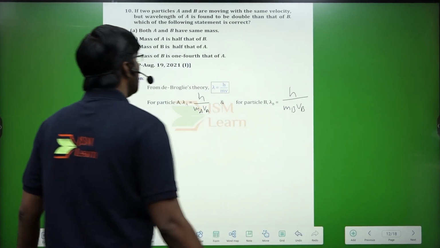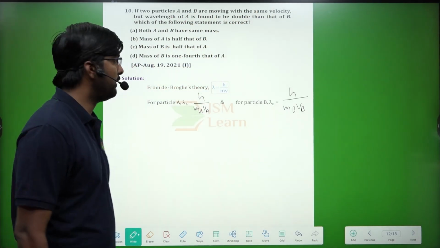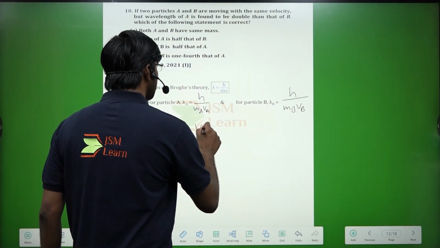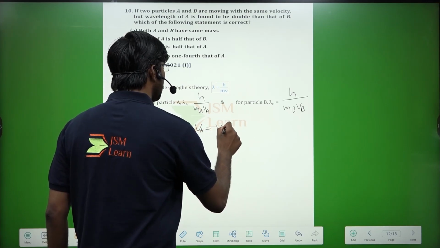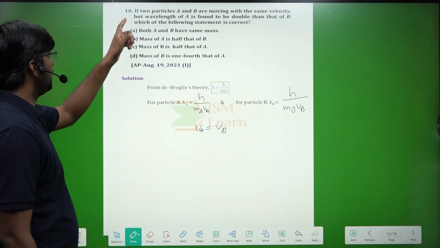See here, two conditions are given. What are they? Both A and B are moving with the same velocity, so velocity of A equals velocity of B, right? And what is the other thing given?